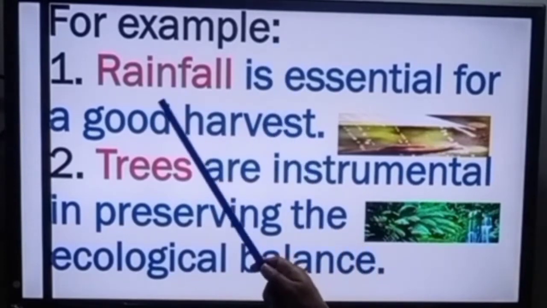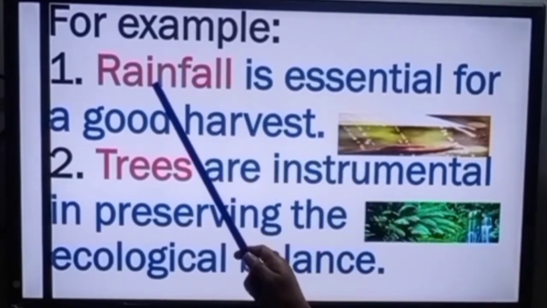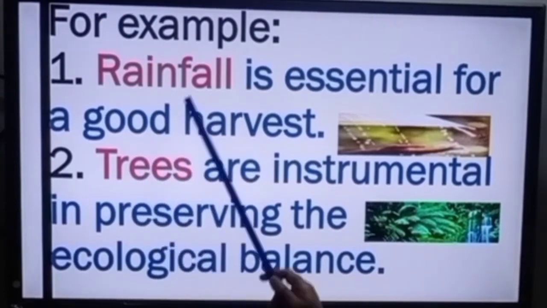For example, rainfall is essential for a good harvest. Trees are instrumental in preserving the ecological balance. So children, you know that these 2 sentences are declarative sentences. And in these sentences, we have written the subjects, rainfall and trees, in the beginning of the sentences. Right?